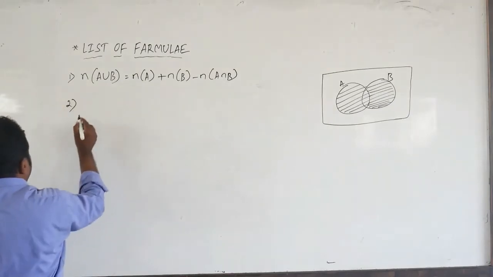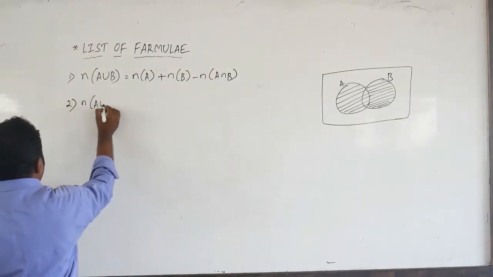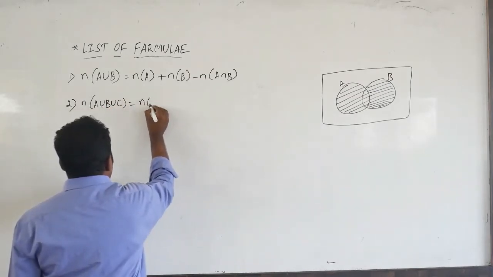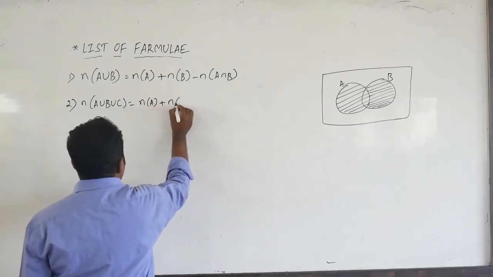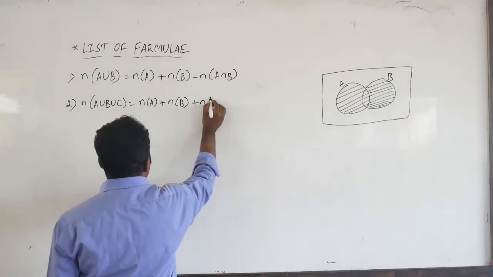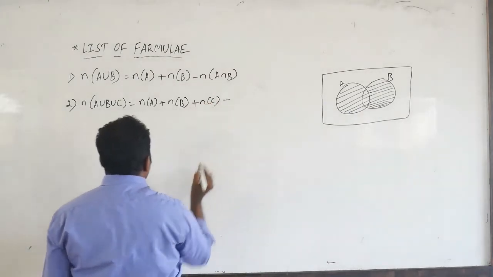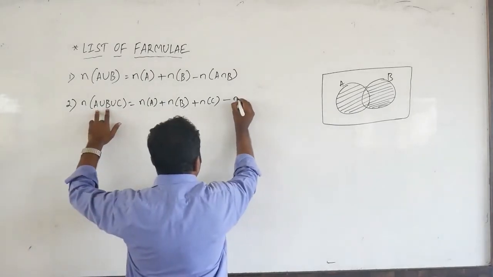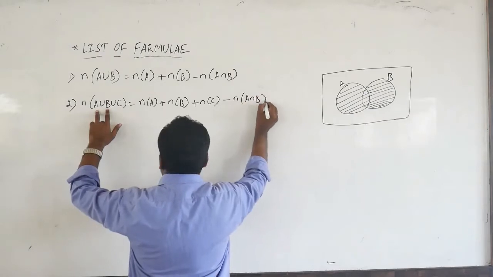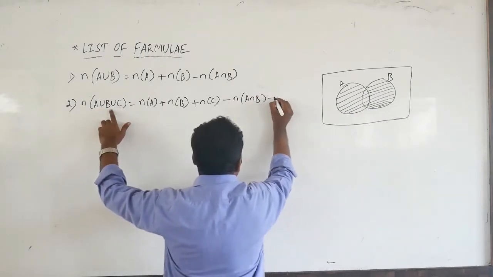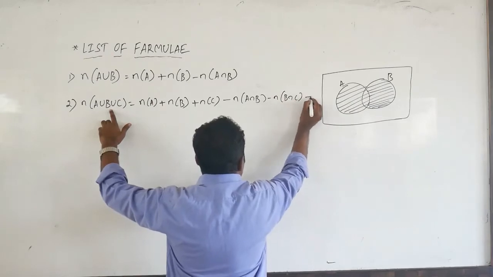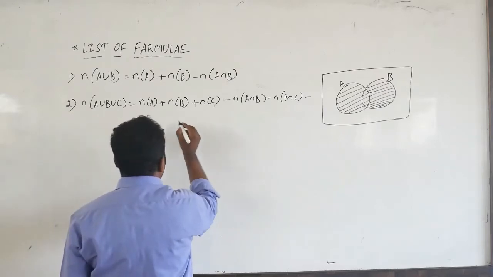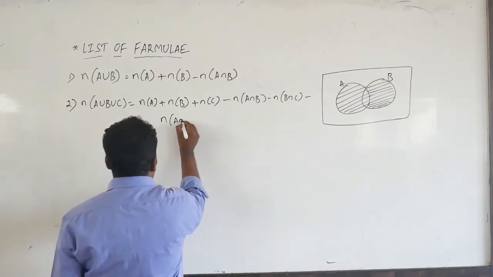Similarly, consider three sets. N of A union B union C is equal to n of A plus n of B plus n of C. Next, minus, consider the intersection A intersection B. Next, B intersection C. Minus A intersection C, or C intersection A, both are the same.